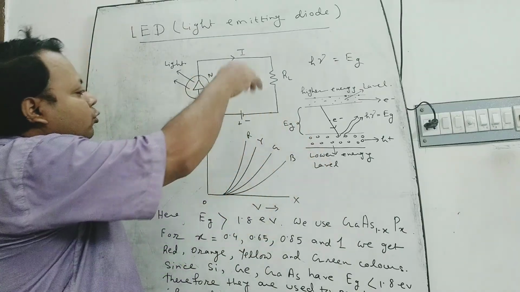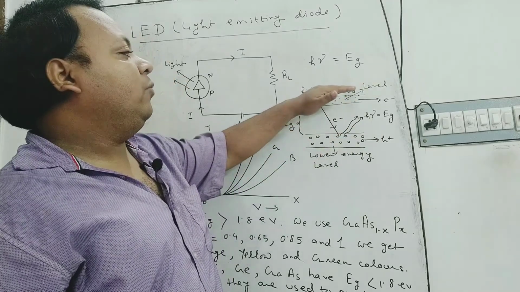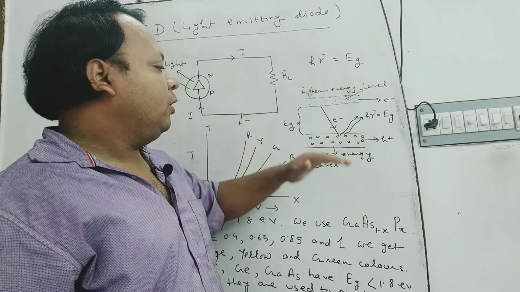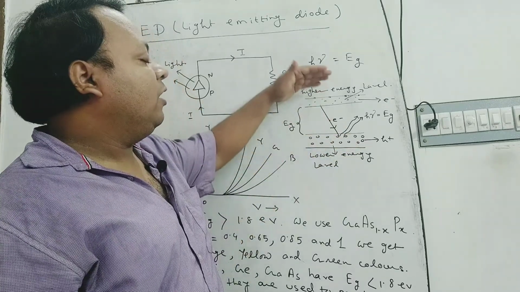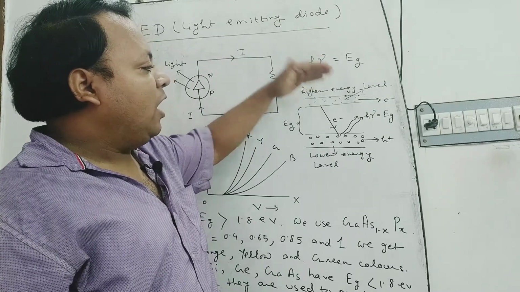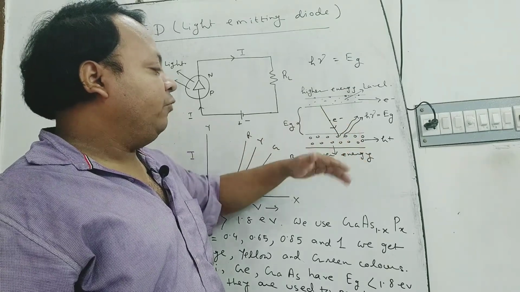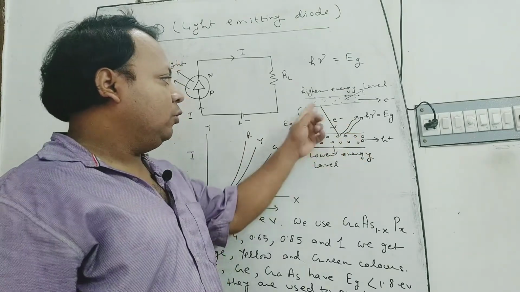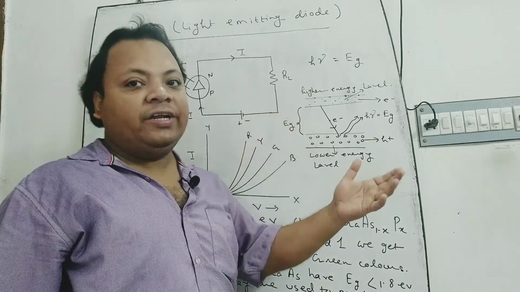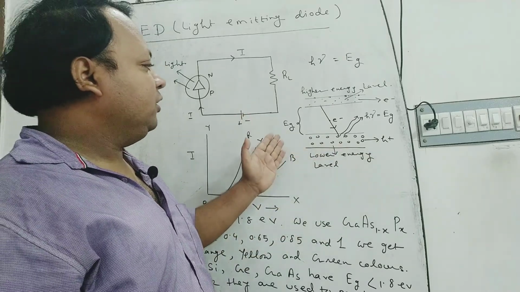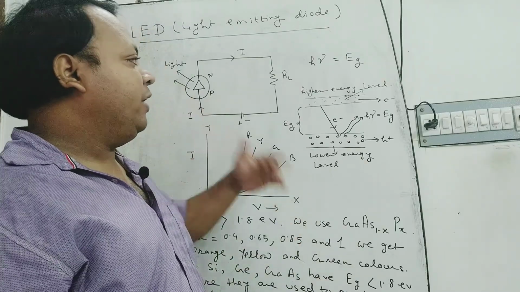When current passes through this diode, the free electrons at the high energy level jump to the free holes at the lower energy level. In this way, the electron emits some energy. This energy we get as light energy or light radiation.